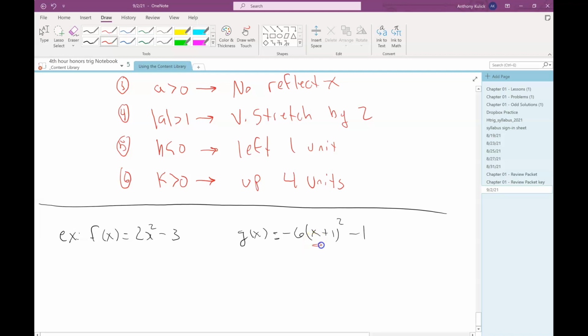If I look at my transformed function, that's certainly not the case, right? So my first transformation is just going to be the starting one, because I have no reflection across the y. Everybody's okay with that?